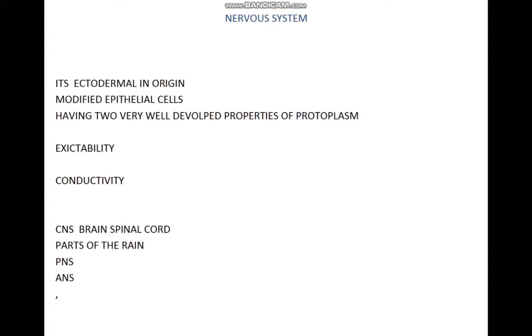I will start by saying that the nervous system is ectodermal in origin. It is developed from the ectoderm, and the neuron is the basic fundamental structural and functional unit of the nervous system. A neuron is nothing but a modified epithelial cell.